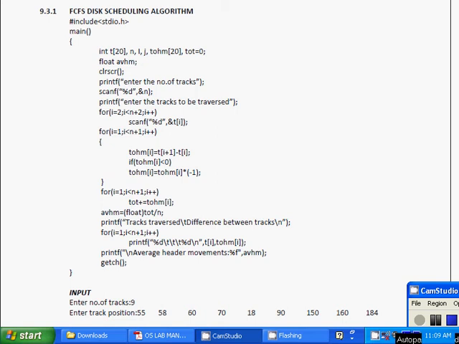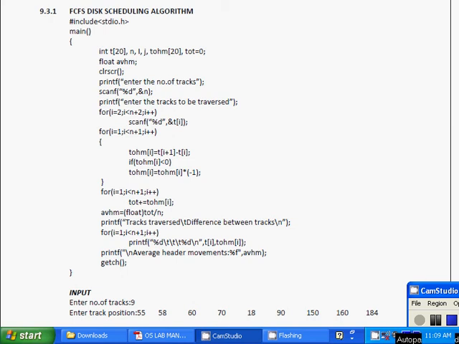We can improve both the access time and the bandwidth by scheduling the servicing of disk input-output requests in a good order. Whenever a process needs some input-output operation to be performed to or from the disk, it issues a system call to the operating system.